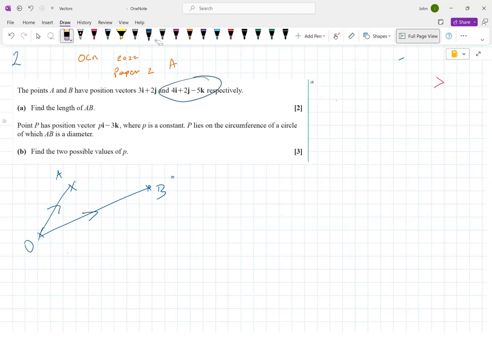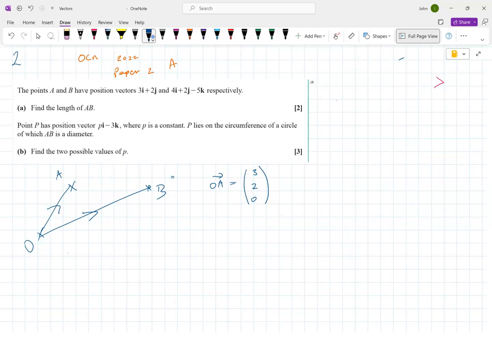I tend to prefer to write in column vectors, even if they've presented them to me with i's, j's, k's. I find, in my experience, I'm less likely to make errors if I write as a column vector.